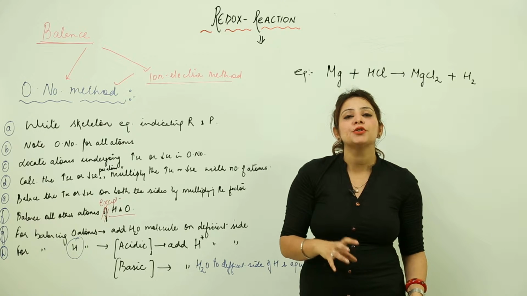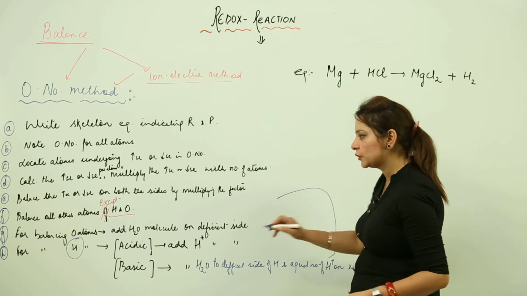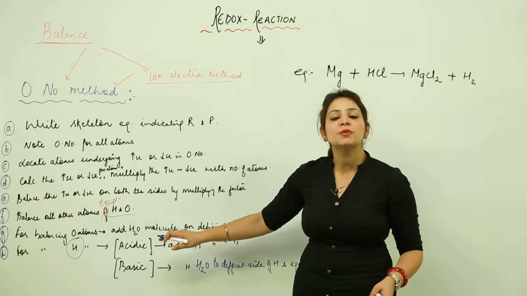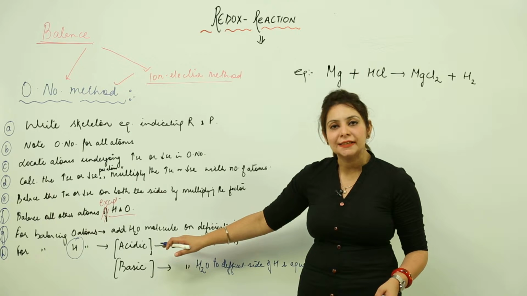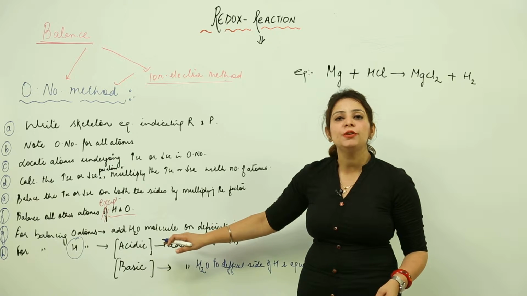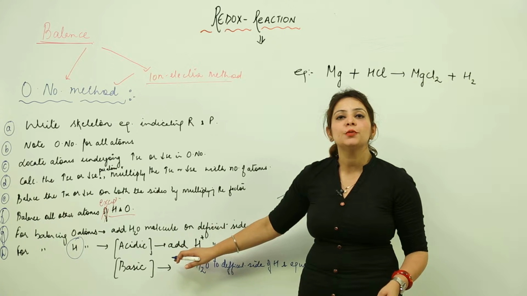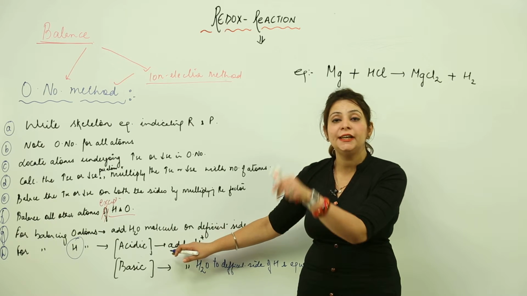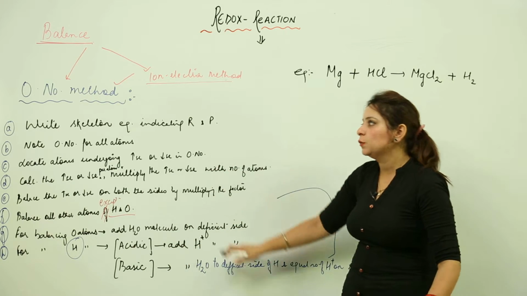So this is how you are going to do that. Just remember these 3 points, they are very important. For balancing O, you need to add H2O to the deficient side. For balancing H, you need to focus on acidic and basic medium. For acidic, you put H+ on the deficient side, and for basic, you put H2O on the deficient side and an equal number of hydroxide ions on the hydrogen rich side.